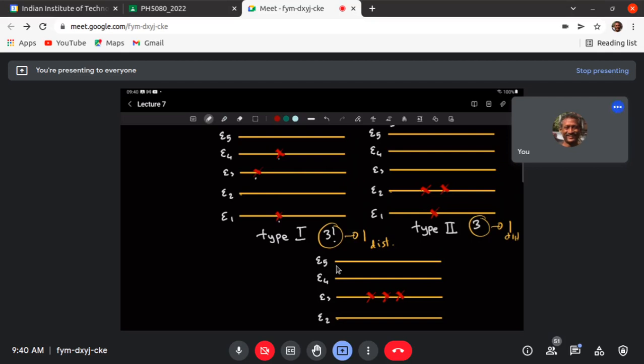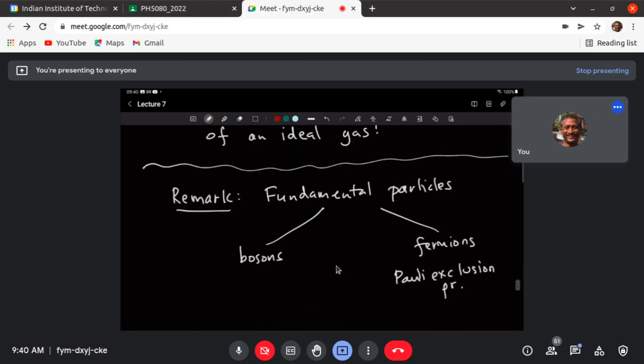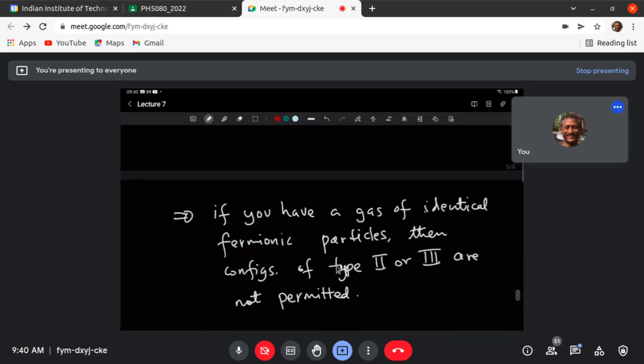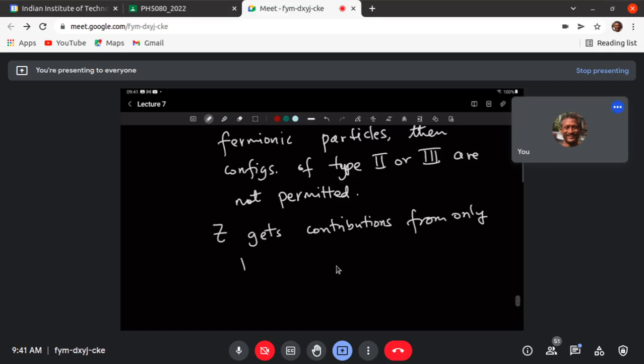Same thing with 3. So these are not permitted. So Z comes only from type 1 configuration.